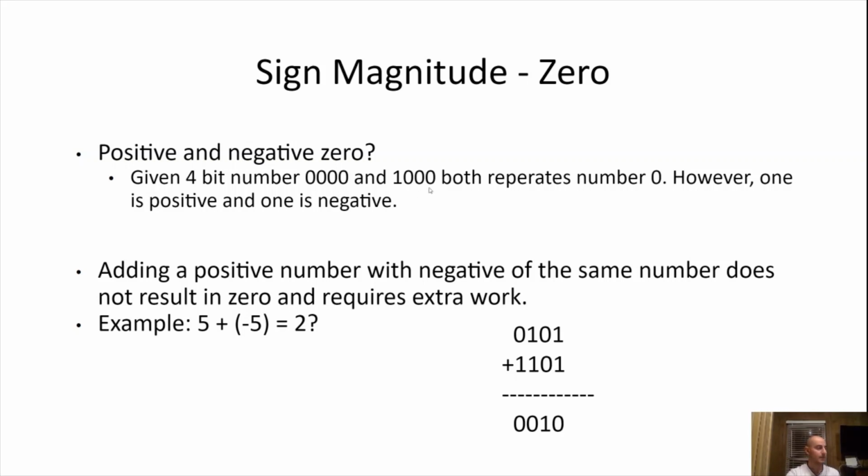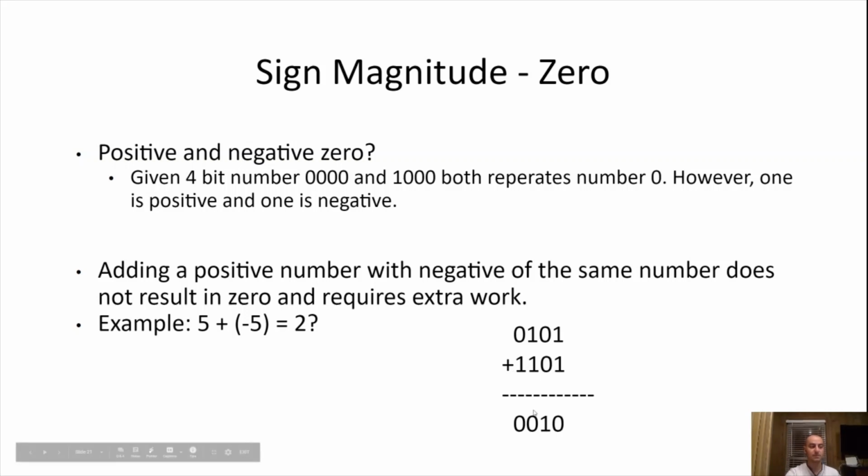And also, on top of that, if we are adding, let's say, 5 plus minus 5, which is supposed to be 0, we are not getting that. So 0101 is positive 5, and this is negative 5 because it's the same number, and only this bit is changed.